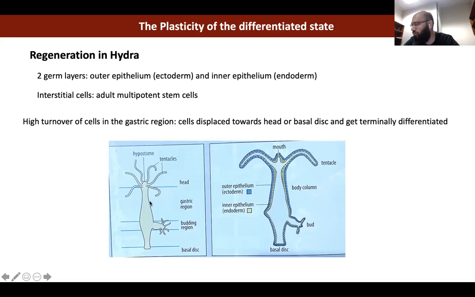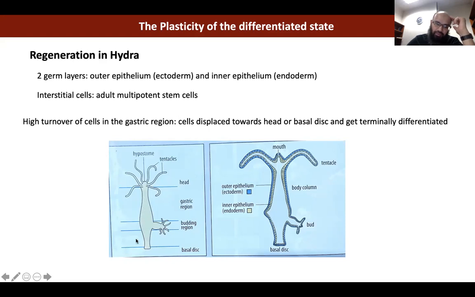And this is actually true. The hydra has two types of signals. There are these positional signals in the cells. The inner epithelium and outer epithelium have certain signaling molecules that determine the head region and the tail region. For example, the molecules that inhibit the head increase as you go from top to bottom.